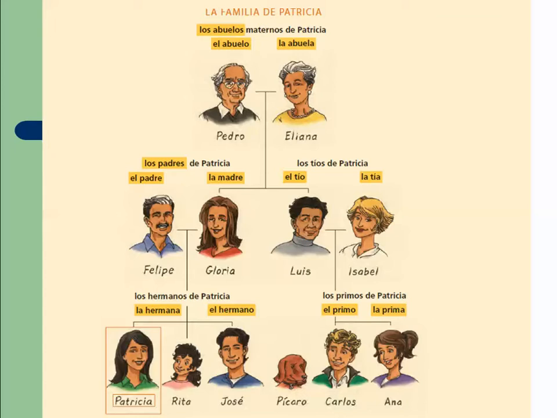Gloria es la madre de Patricia. So you can also do Felipe y Gloria son, because they're plural, right? They're more than one. Felipe y Gloria son los padres de Patricia. Muy bien.